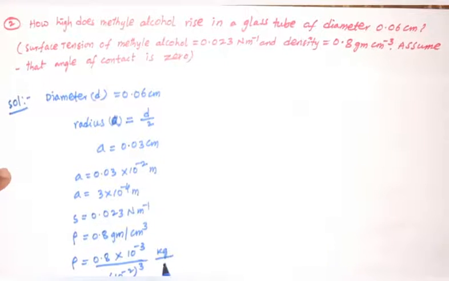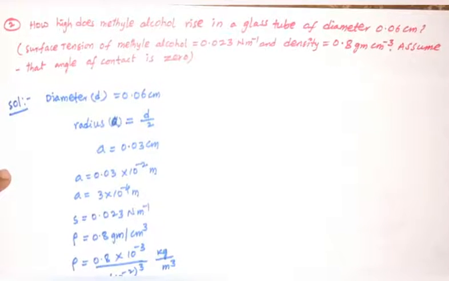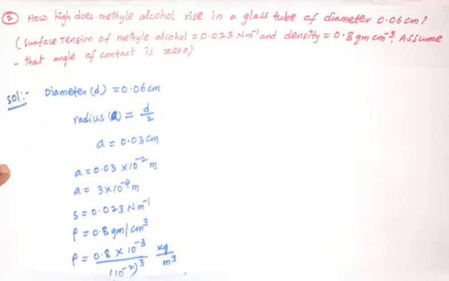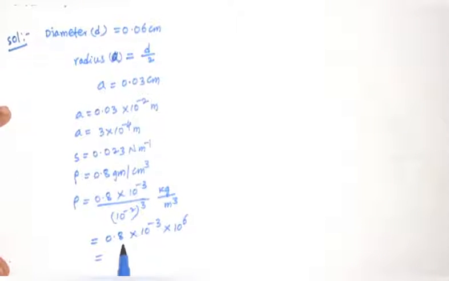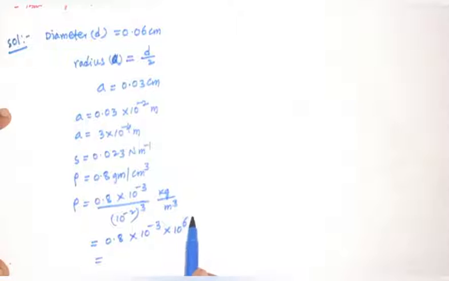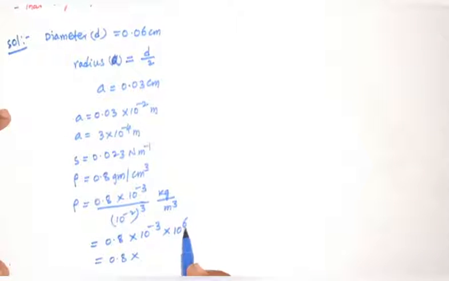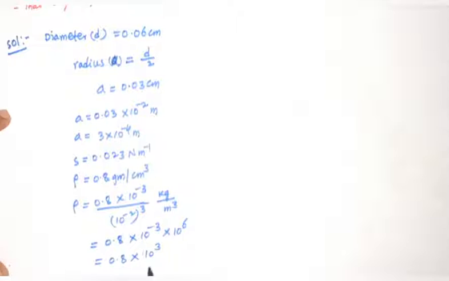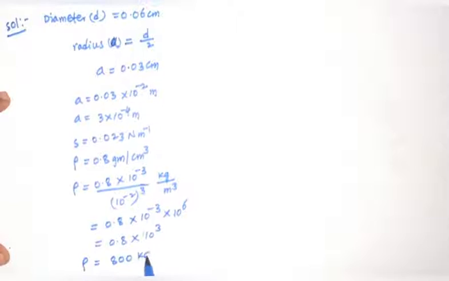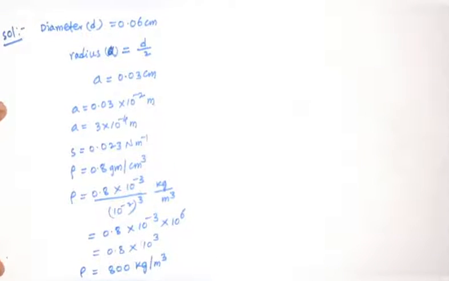That equals 0.8 into 10 power minus 3 into 10 power plus 6, which is 0.8 into 10 power 3. 10 power 3 is nothing but 1000. 1000 into 0.8, so rho equals 800 kilogram per meter cube.